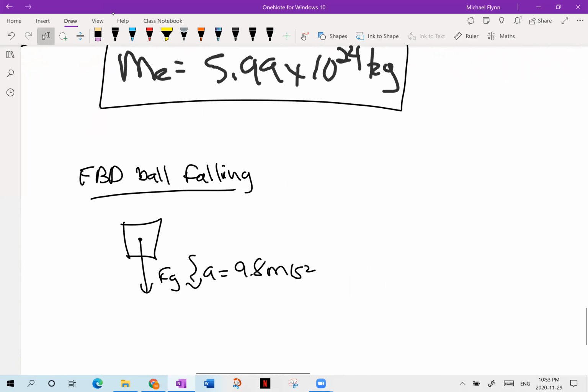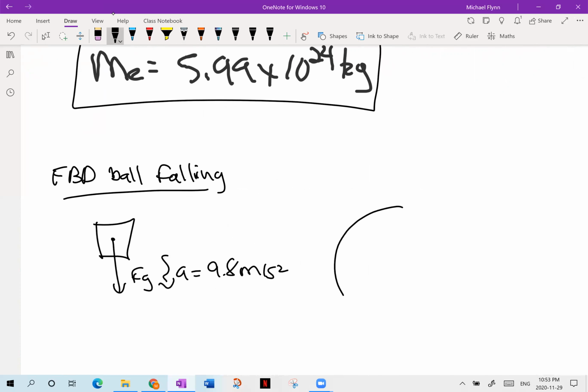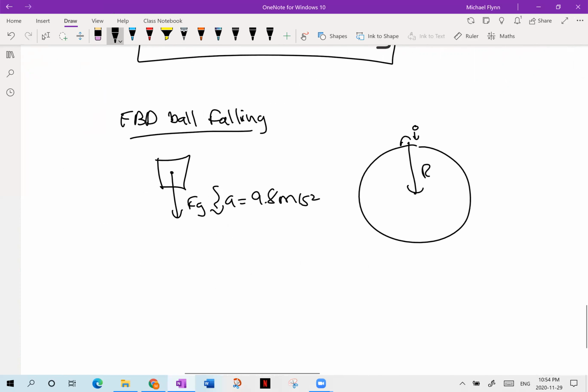However, when you look at the planet, here's the planet, here's your little falling ball up here. So this distance between your ball and the center of Earth we'll call r. Well, we know this number is 6.4 times 10 to the 6 meters.